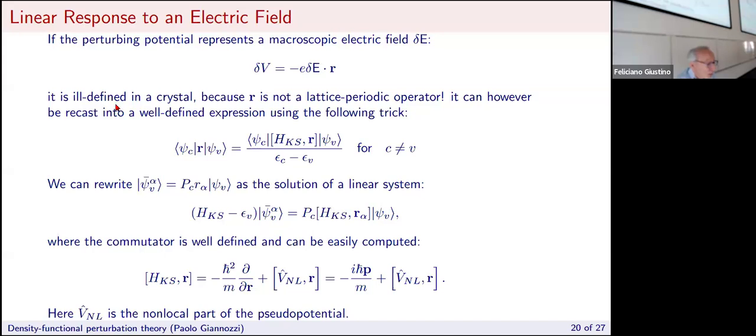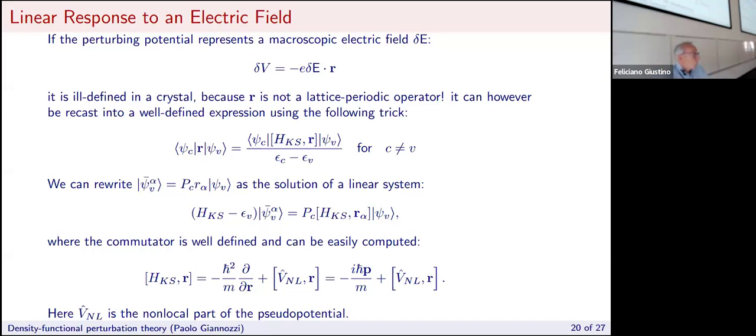But this is something that can be dealt with relatively simply, at least at linear order, in the linear response case, because what is ill-defined in the potential of an electric field are the diagonal matrix elements of the potential.